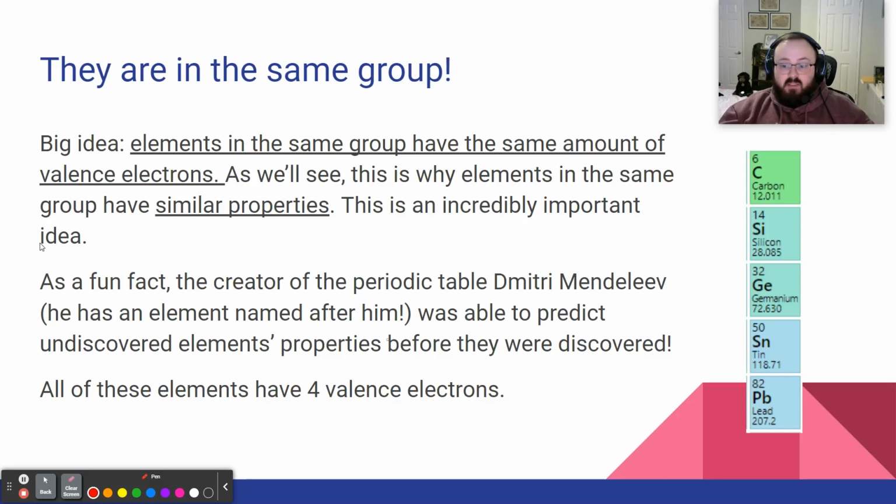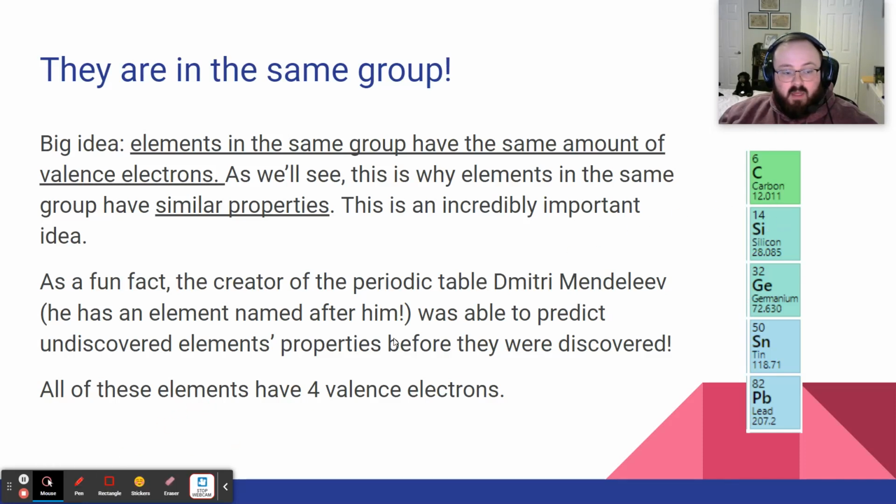He was able to predict them relatively closely because he knew that they were in the same group. I think it actually was gallium or germanium, so 32 here, that was not discovered, but he was able to predict the properties of it. Alright, I think it was gallium, so that's 31 over here. He was able to predict it.